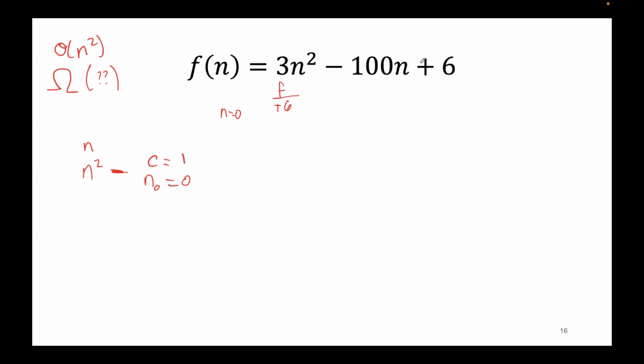We plug in 0 for each of the n's. And so g of n, which is n squared, is 0. 6 is greater than or equal to 0, so we're good so far. Does this continue to hold as n increases?